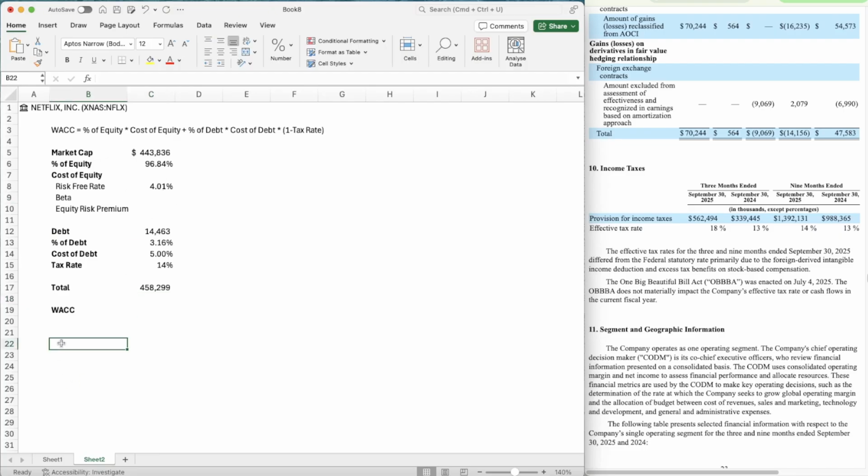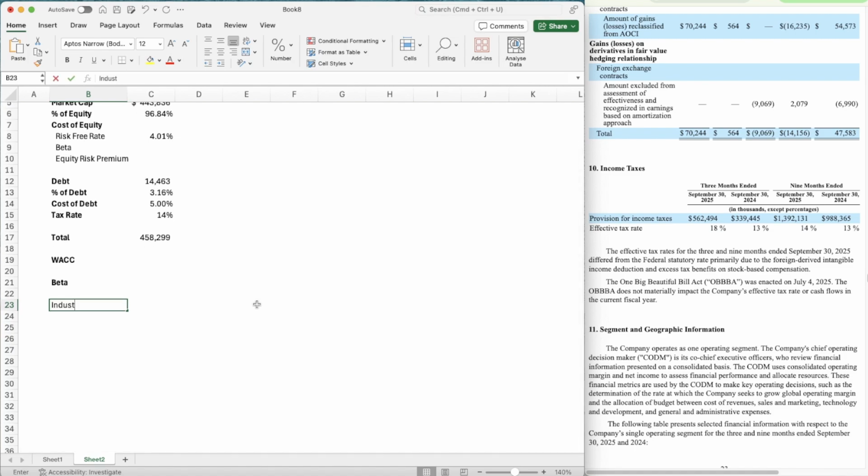Now let's do the beta. The beta is quite easy to do. We just need the industry, the unlevered beta for that industry, the revenues, the EBIT to sales, value, proportion, then weighted beta.